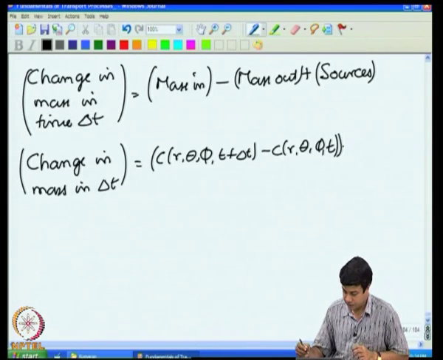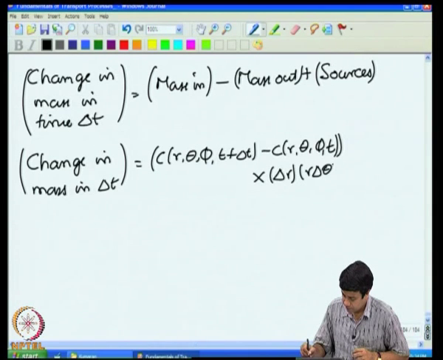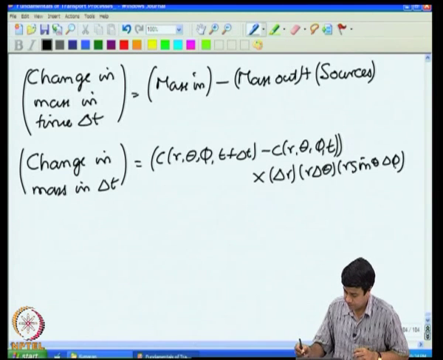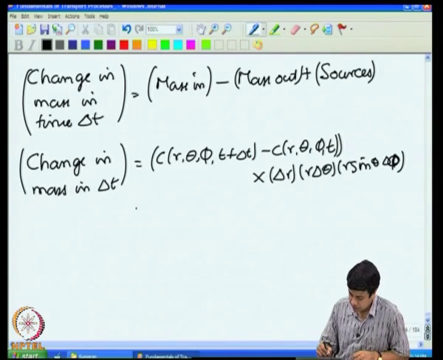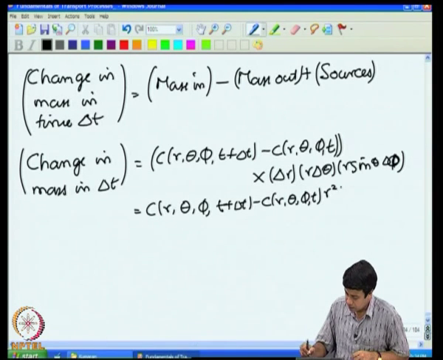times the volume, which is delta r delta theta into r sin theta delta phi, which is equal to c at r, theta, phi, t plus delta t, minus c at r, theta, phi, t, times r square delta r sin theta delta phi.